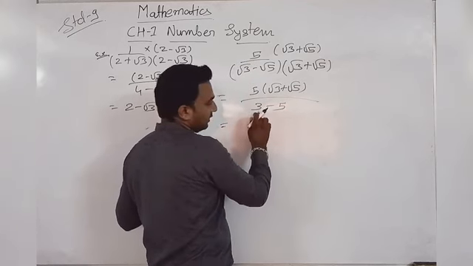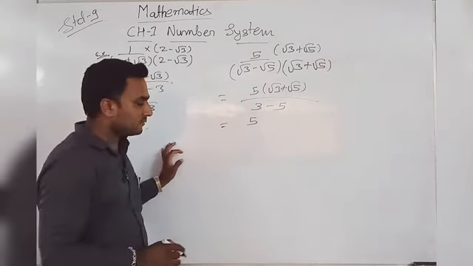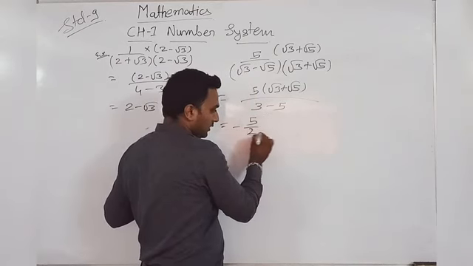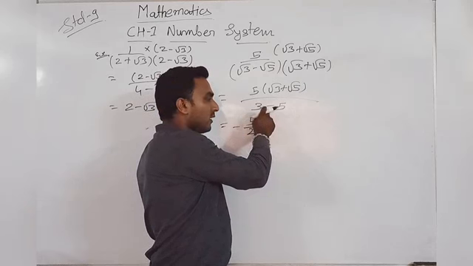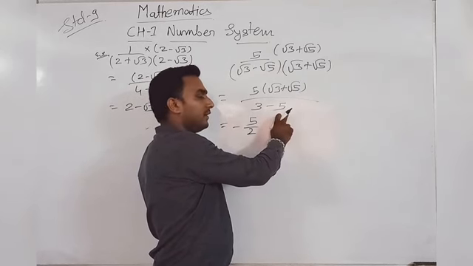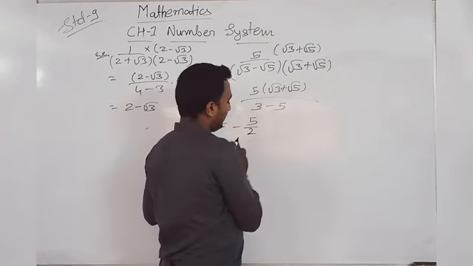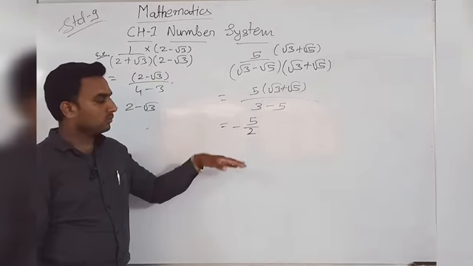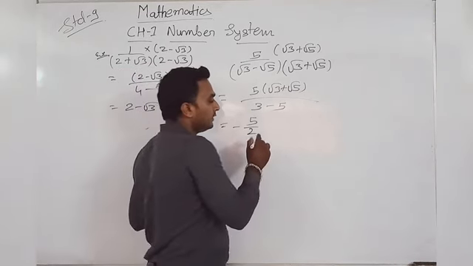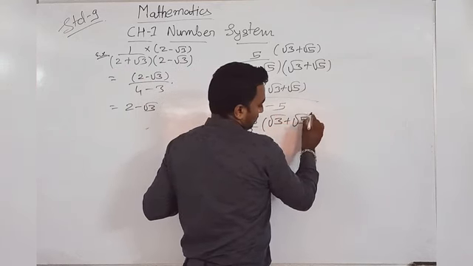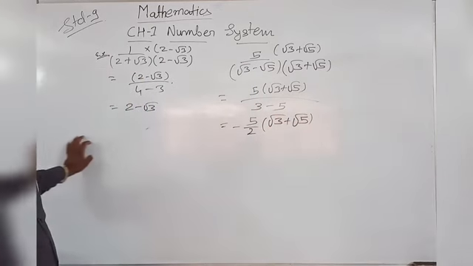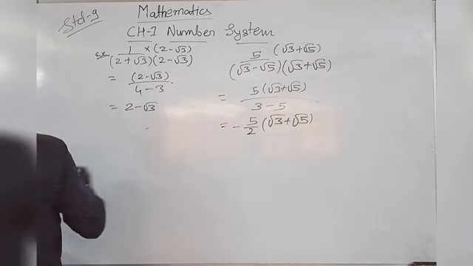So 3 minus 5, that is minus 2. Why? Because here 5 is the bigger number, and this is plus, this is minus, so we do the subtraction, and the answer will be minus 2. So we write the minus downward also, or you can write it in the denominator, with root 3 and root 5. Clear?